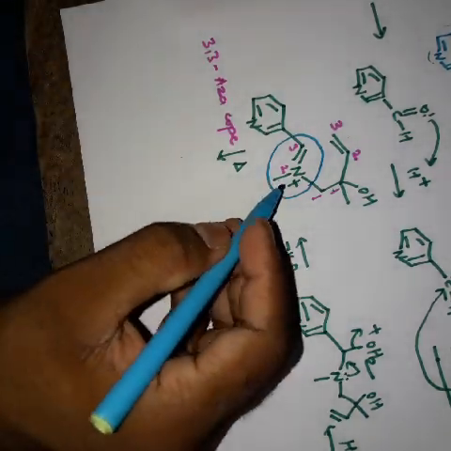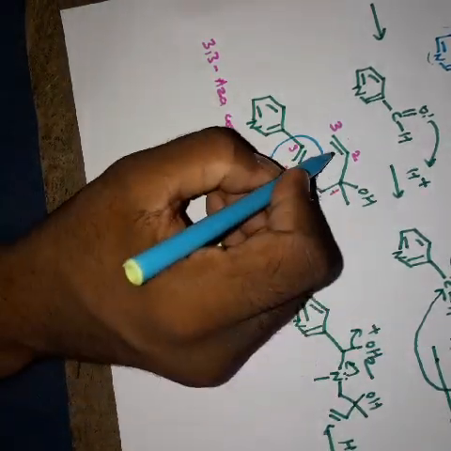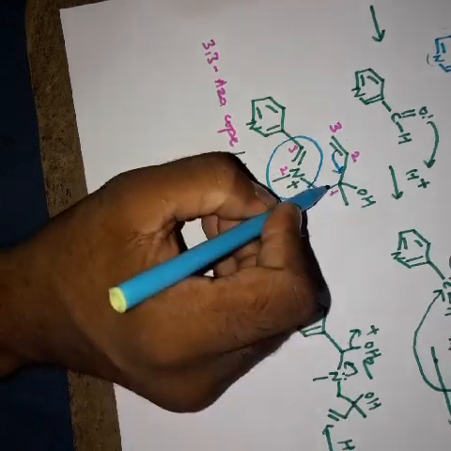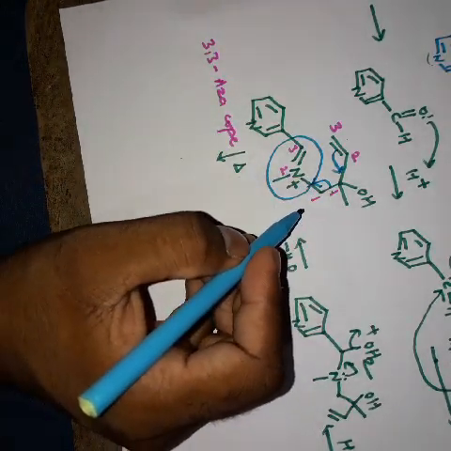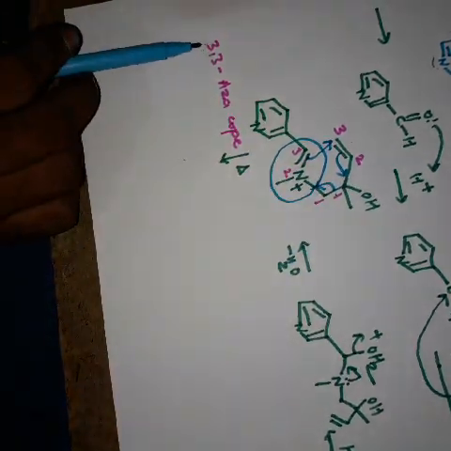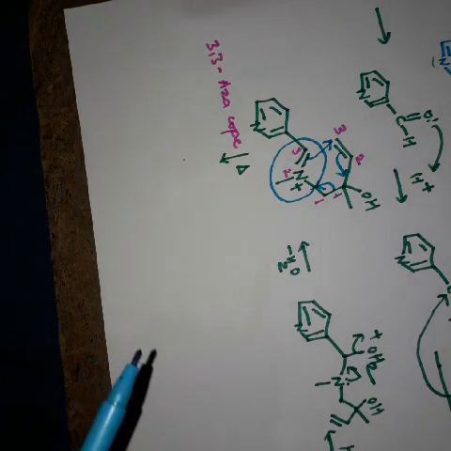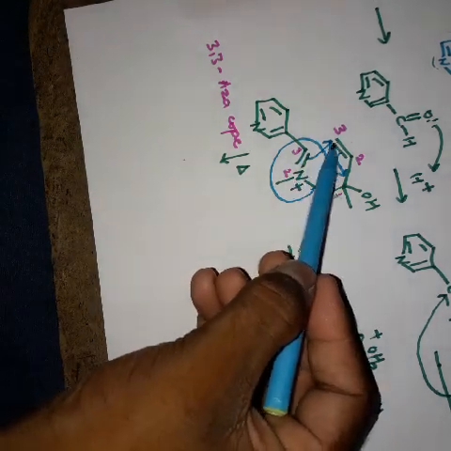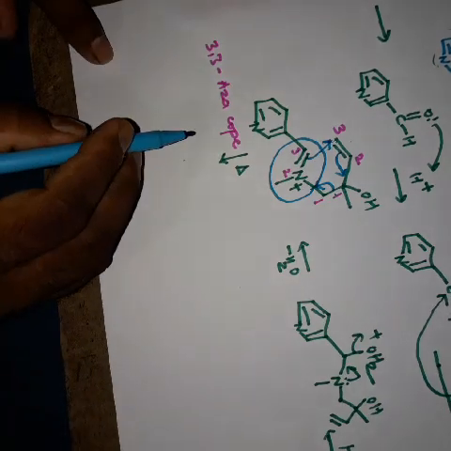So how will it go, let's see. It will go like this, this will come inside and this will attack here. Basically, why we have written 3 means there will be a formation of a bond between third number and third number. So these two will get joined and 1 will get broken.